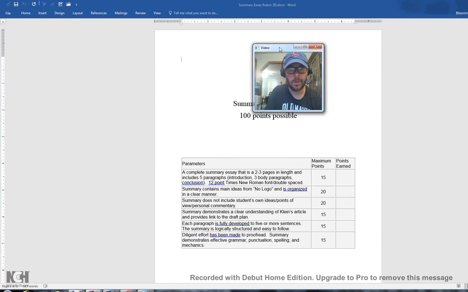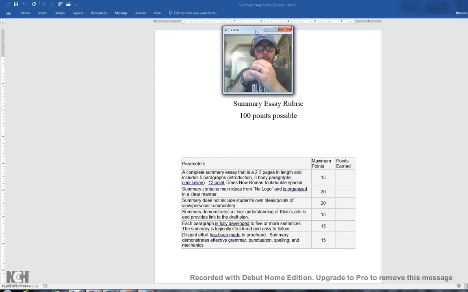All right, so this is the rubric. And just so you're clear, these parameters are the areas that I will be examining in your summary. And the points earned will be different, of course, according to everyone's individual essay. But not only will I provide this rubric for you upon completing the review process, I'll leave some comments on your essay so that you'll hopefully be able to understand exactly what it is that I was looking for and what I saw in your essay.